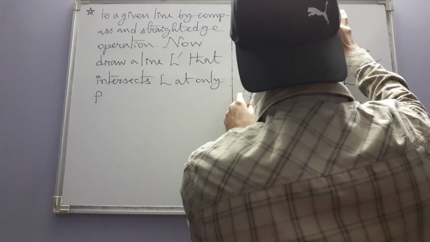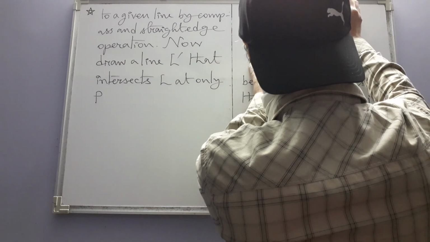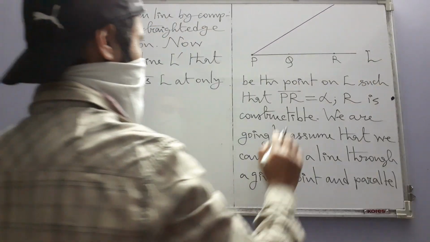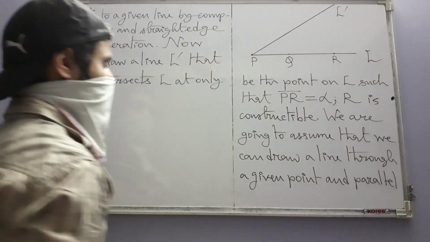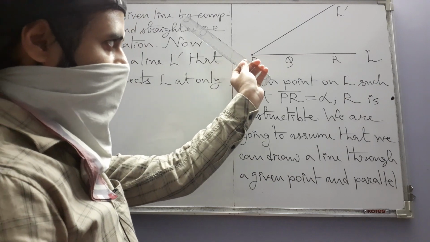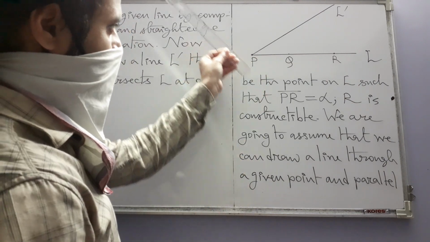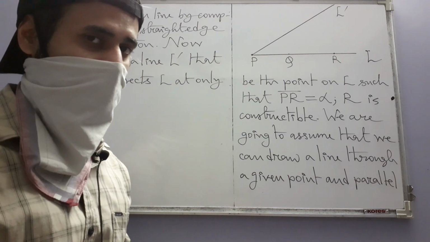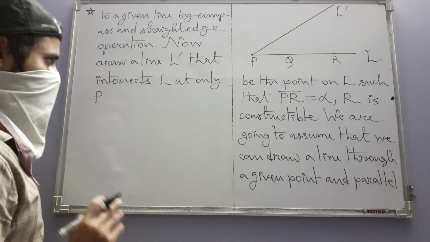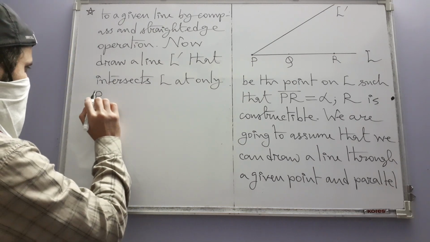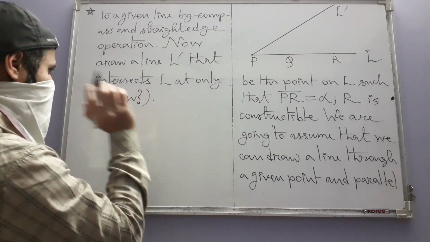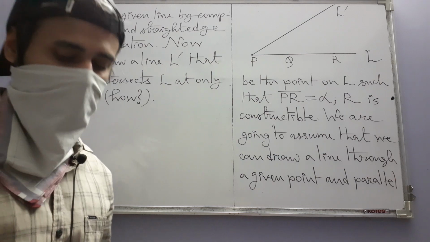I messed up this part. Okay, so this is L prime. This L prime can be like this or like this also, but keep in mind it has to pass only through P. It intersects L only at P using straightedge and compass operations only. The question is how, and this part I leave to you to figure out.